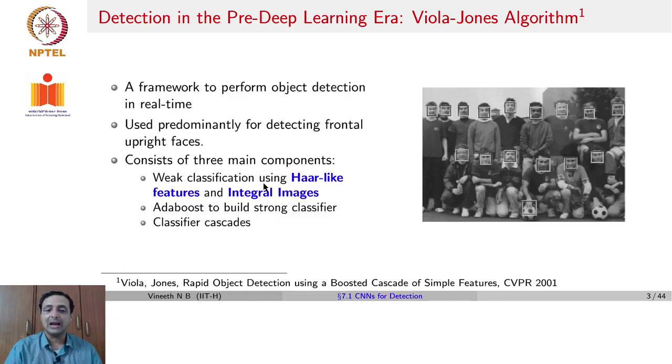Then they used AdaBoost as the classifier of choice, but how they used AdaBoost was slightly different from the traditional formulation in machine learning, and they also used it as a cascade of classifiers, as we will see over the next few slides.